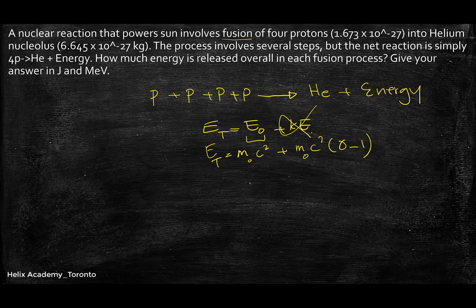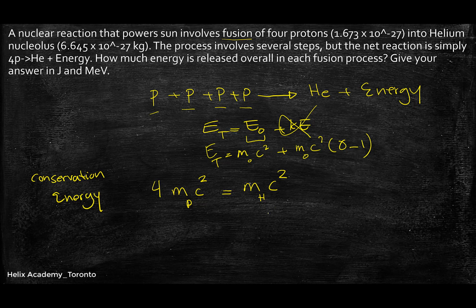We only deal with rest energies. Now, if you're going to write an equation, due to conservation of energy, we know that the rest energy of these 4 protons, which are all equal, is the mass of the proton times the speed of light to the power of 2. If I multiply that by 4, it should equal the mass of the helium times c to the power of 2, so the rest energy of the helium.